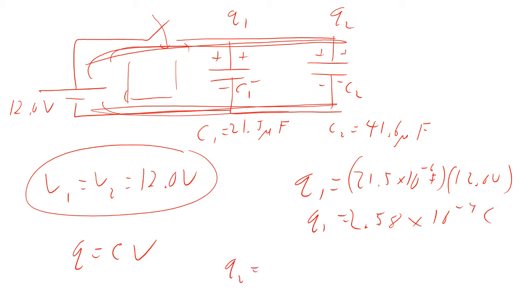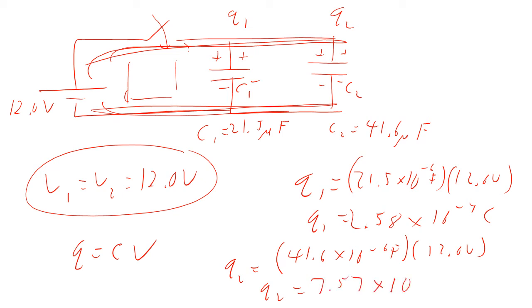Q2 is going to be equal to 41.6 times 10 to the minus 6 farads times 12 volts. So Q2 comes out to be 7.57 times 10 to the minus 4th coulombs.